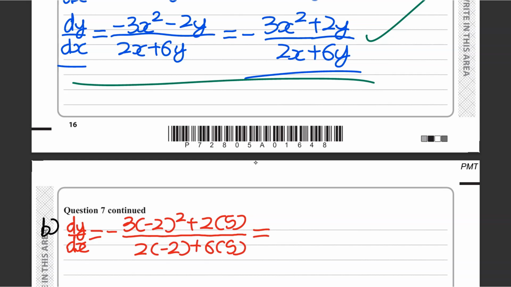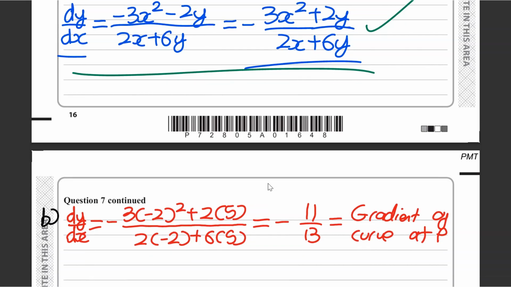And if you put this into your calculator, this is equal to minus 11 over 13. So this is the gradient of the curve at P.